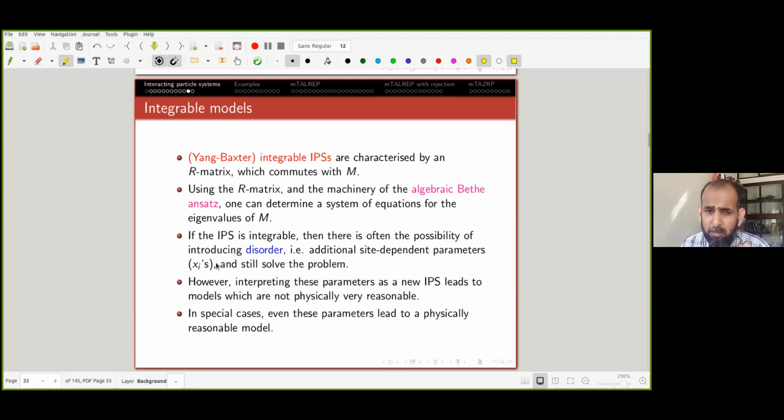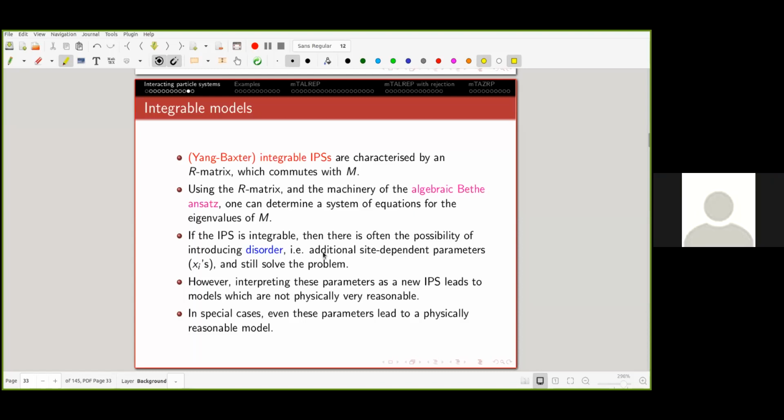And when there's integrability, one can also introduce disorder. But these disorder parameters will not be physical in most cases. But in very special cases, which means what in practice? What's the non-physicality? Well, there will be cases where particles will move, for example, far away, or when this moves here, something else will do some other jump over there, and so on.